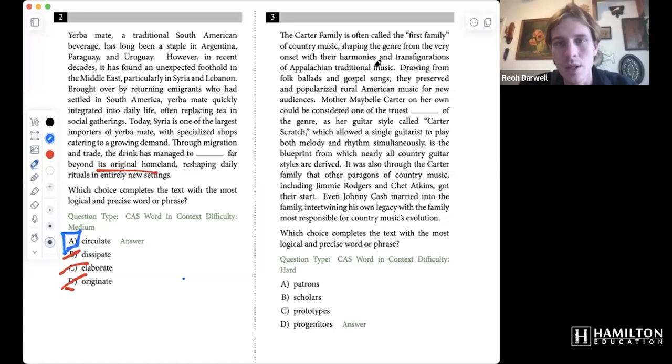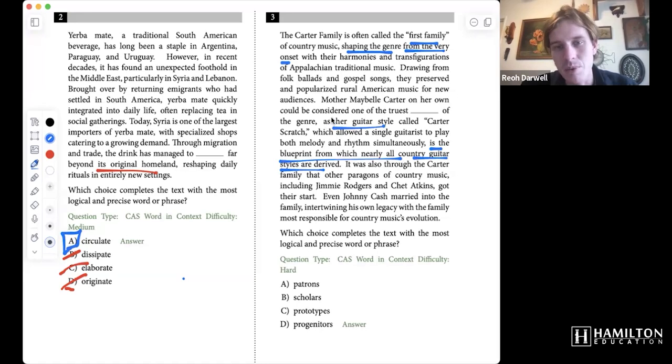So they are the first family. And that's actually the definition of the correct word. Shaping the genre from the very beginning, the very onset, with their harmonies and transfigurations of Appalachian music. Her guitar style is the blueprint from which nearly all country guitar styles are derived.